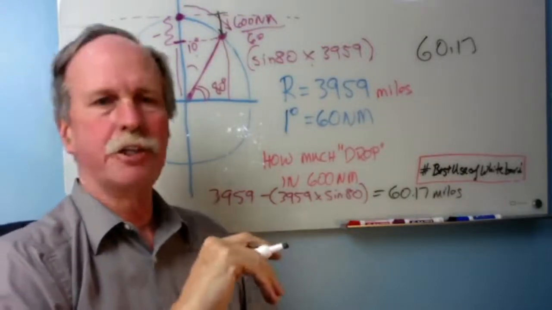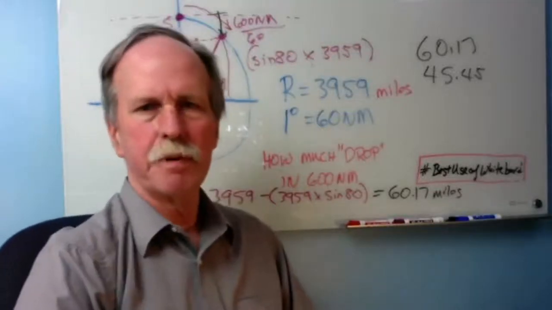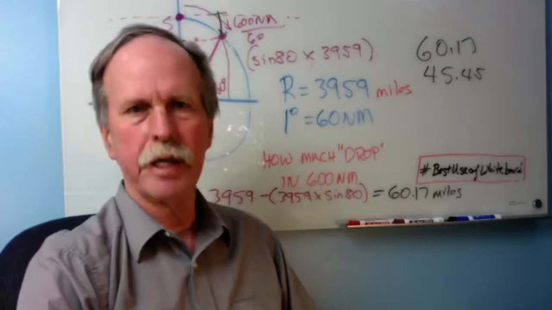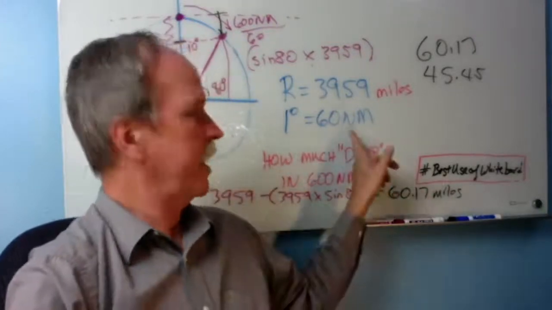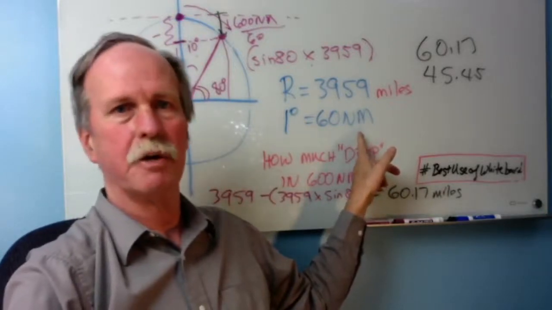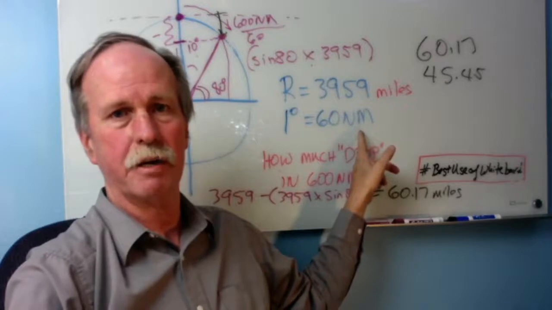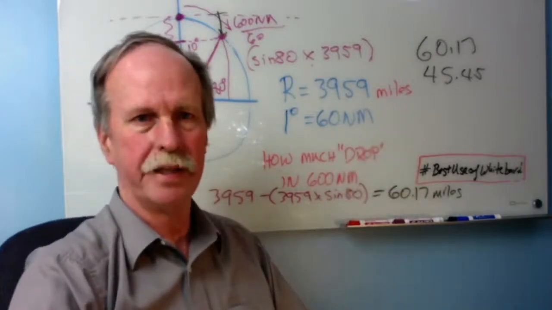If you do the 8 inches per mile squared for 600 miles, that's because the 8 inches per mile squared is a surveying shortcut and it's designed to be used over short distances. The only reason that we had the nautical miles is because it was convenient for 600 nautical miles divided by 60 nautical miles per degree, we got our 10 degrees. That's really all we needed that for.